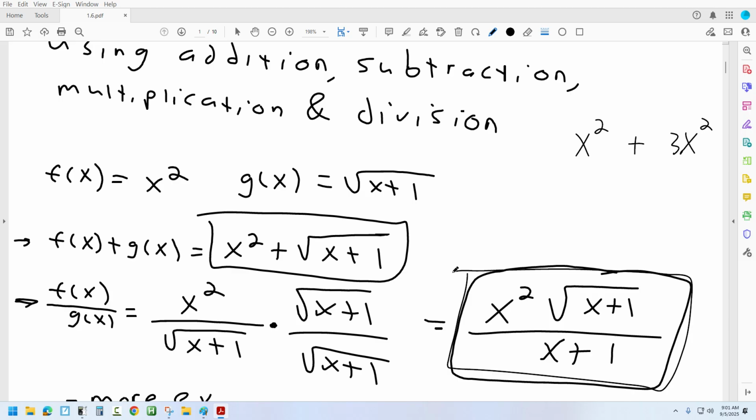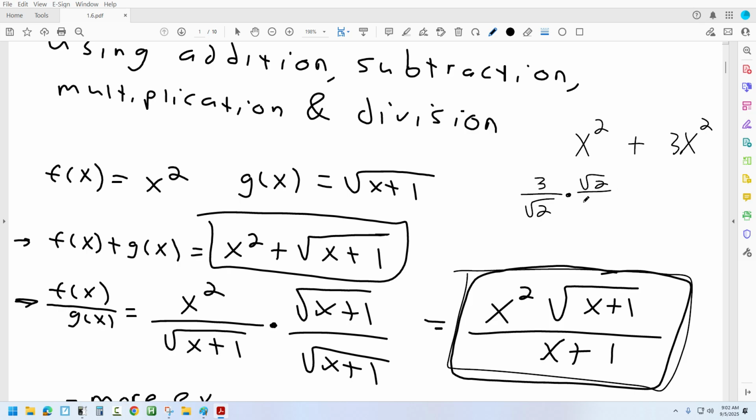Just to talk about that square root in the bottom, let's just do one more of those. Let's say you had this. We can't leave that square root in the bottom. What would you multiply top and bottom by to fix the square root there? Yeah, multiply by square root of 2.